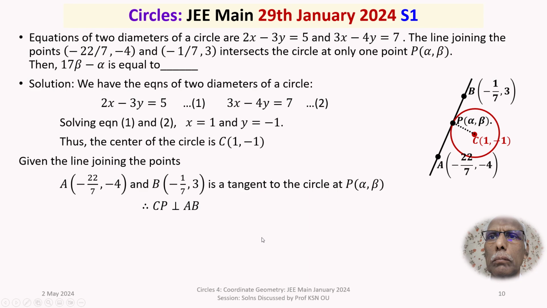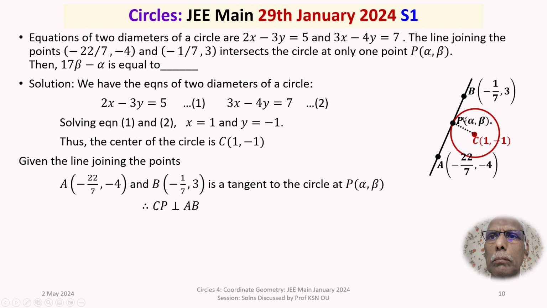Now what is our plan? To find the value of 17 beta minus alpha, we have to find the values of alpha, beta. So the plan is to find the equation of AB and find the equation of CP, and they will intersect.